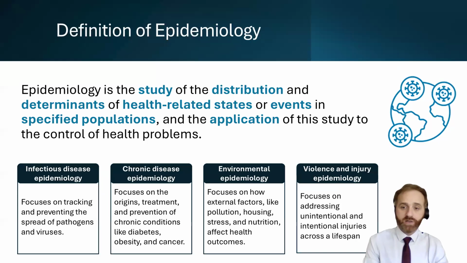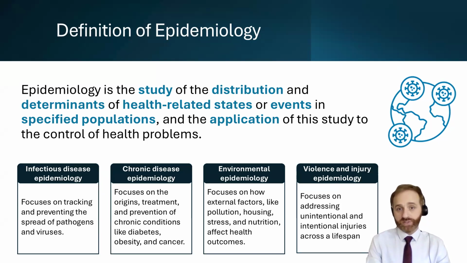However, there is a more formal definition of epidemiology, which includes all the elements and components of the field. Epidemiology is the study of the distribution and determinants of health-related states or events in a specified population and the application of this study to control health problems. The highlighted elements include the main aspects of epidemiology.